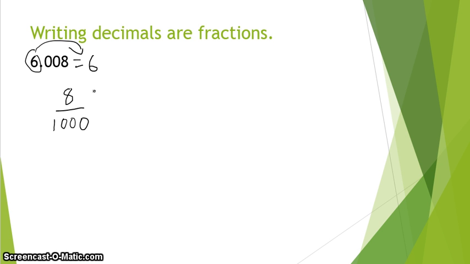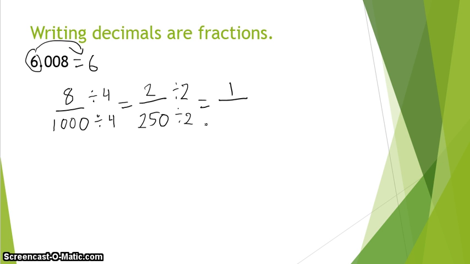I'm going to use continuous division. I think that's what I called it. So I know I can divide 8 by 4, and I know that I can divide 1,000 by 4. So 8 divided by 4 gives me 2. 1,000 divided by 4 will give me 250. And I know I can divide both of these by 2 because they're both even. 2 divided by 2 is 1.